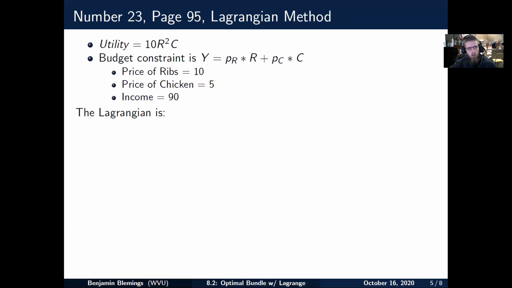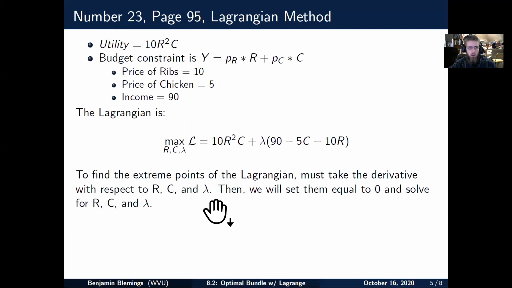It's really not too hard to see that this is our Lagrangian, right? Ingredient 1 is our objective function, which is our utility that we're trying to maximize. Our second ingredient is this lambda, the Lagrangian multiplier, times our budget constraint, which is just 90 minus 5c minus 10r. So we've got our problem set up, and now we need to find the extreme points of the Lagrangian.